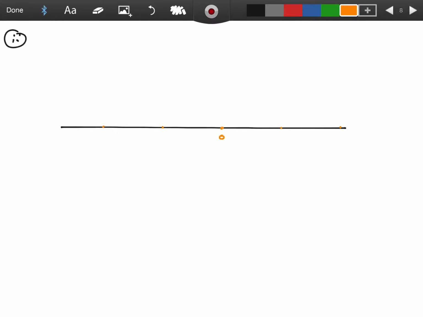Optic center, focus, 2F1 center of curvature, F2, this is 2F2. Now the object can be placed anywhere, not only at one particular position.